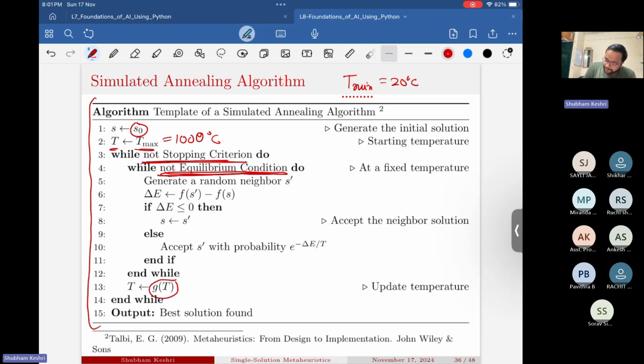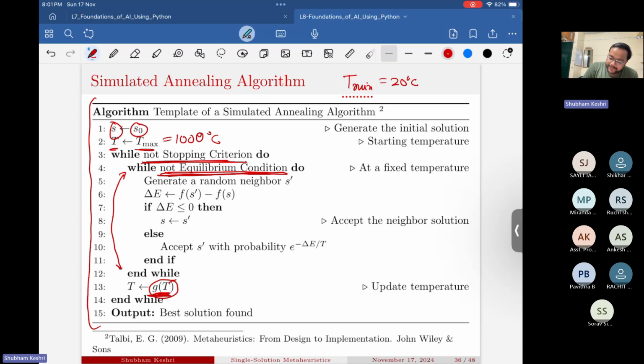And this G of T tells you how to decrease the temperature. So suppose we are decreasing linearly या फिर stepwise. This G of T will tell you कि 1000 के बाद कौन सा point लेना है. It can be 800, it can be 700, it can be 500. So G of T is a function which tells you कि with each iteration, next T का value क्या होगा?